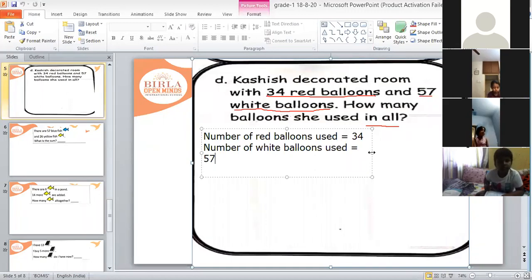And you all have to write correct spelling and your handwriting should be neat and clean. So this is number of red balloons used equal to 34 and number of white balloons used equal to 57.